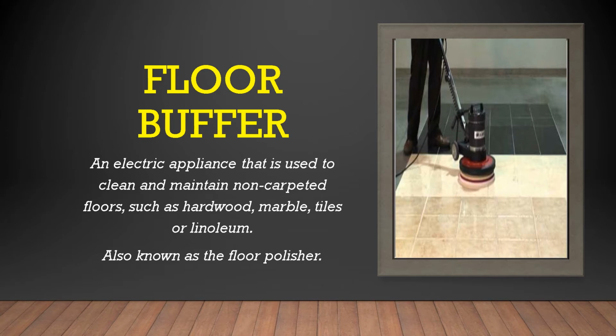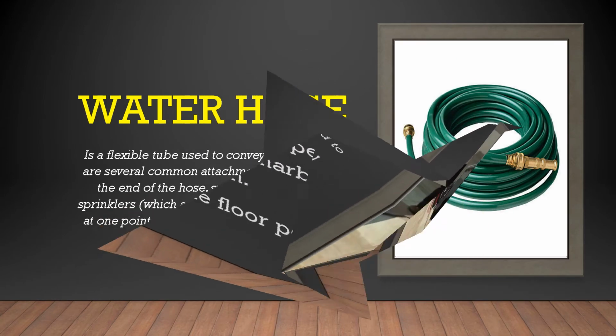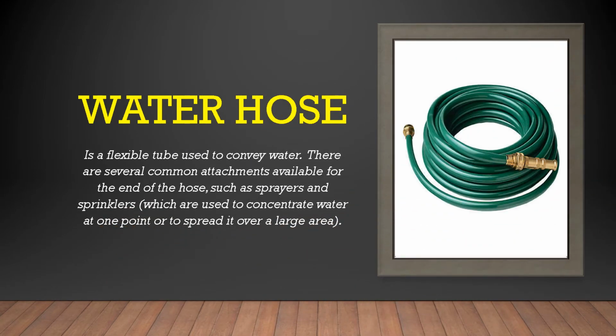Next is the water hose. It's a flexible tube used to convey water. There are several common attachments available for the end of the hose, such as sprayers and sprinklers, which are used to concentrate water at one point or to spread it over a large area.